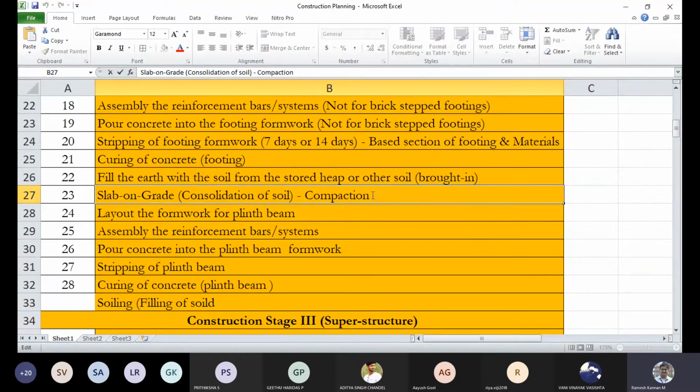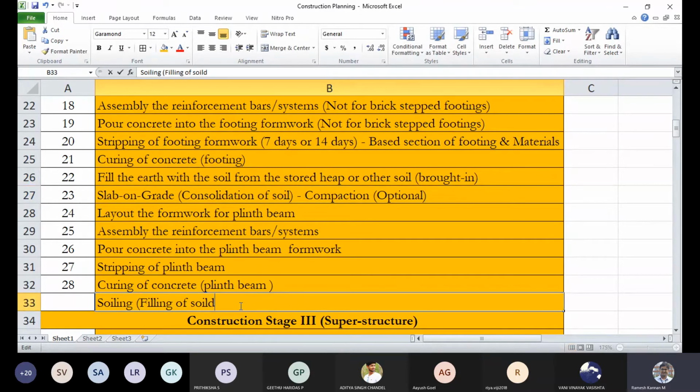This is optional because we will just fill the earth for this process, but generally filling of the floor surface with soil and DPC, damp proof course.